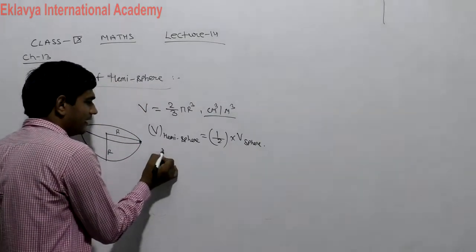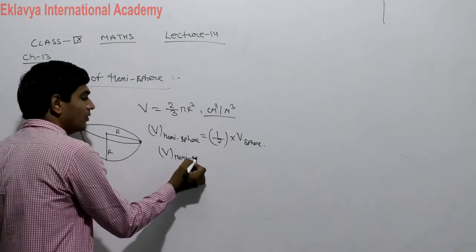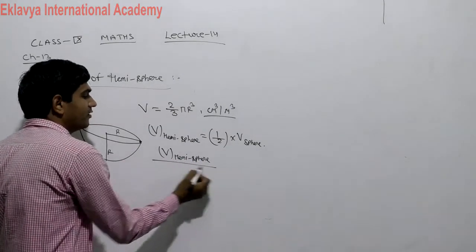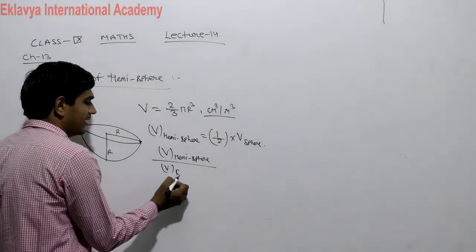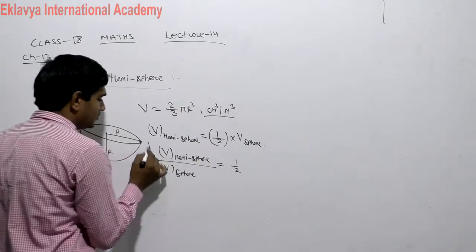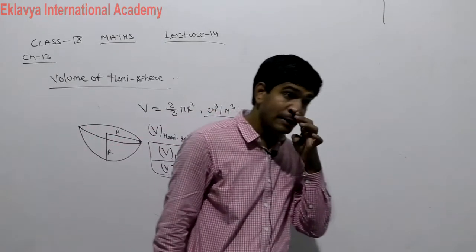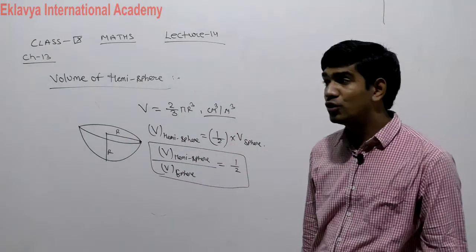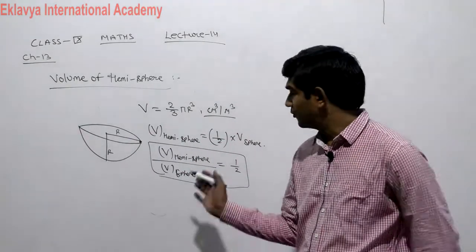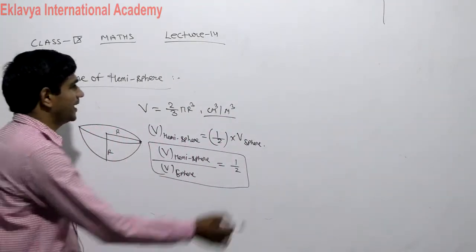So from here, the ratio of volume of hemisphere to the volume of sphere is 1/2. That is 1:2 will come. Any problem? Now next, what is the volume of a hemispherical shell?